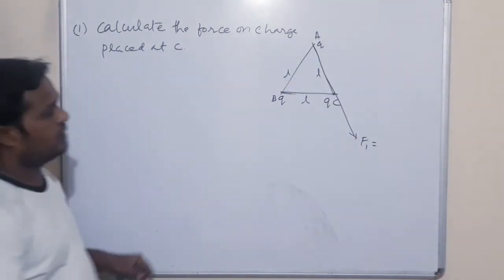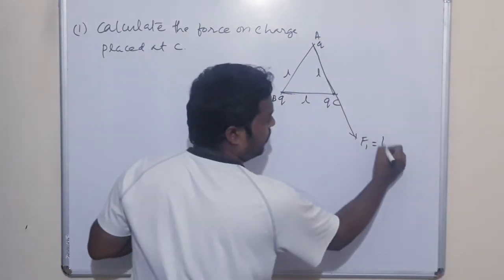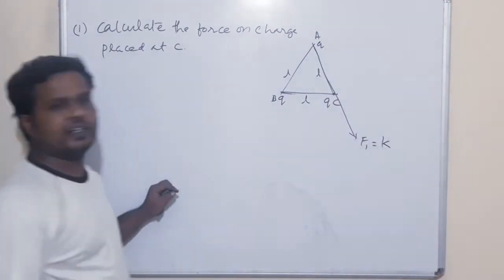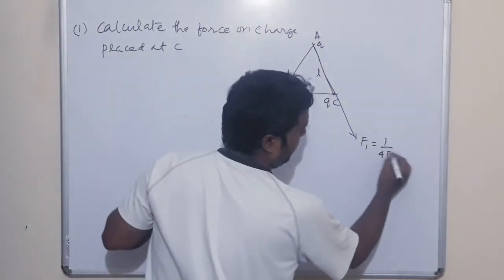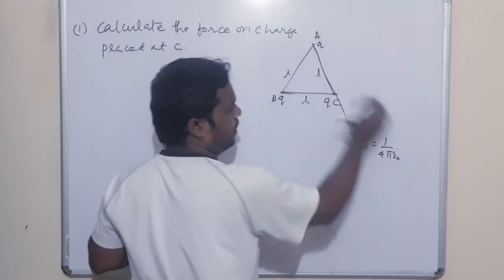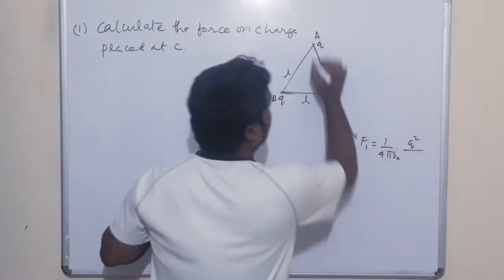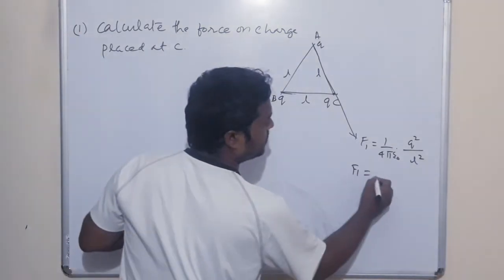Go to Coulomb's law. Then we say that this will be 1 by 4 pi epsilon naught, that I will take as small k, into Q into Q, Q square, distance square is L square. Then what will be this force?